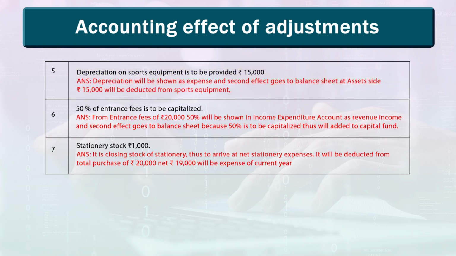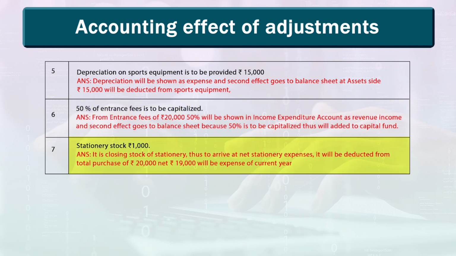Sixth adjustment is 50% of entrance fee is to be capitalized. From entrance fee of rupees 20,000, 50% will be shown in income expenditure account as revenue income and second effect goes to balance sheet because 50% is to be capitalized and thus will be added to capital fund.